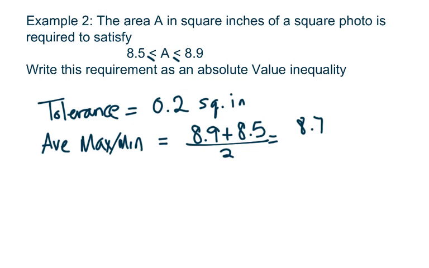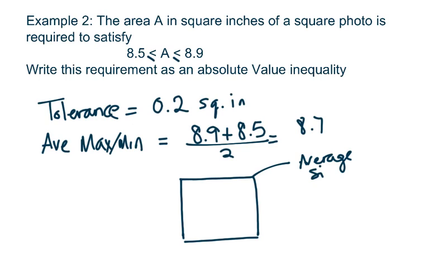So that's 8.7 square inches. What I want you to think of is the square photo. The average size is going to be 8.7 square inches, which can also be written as inches squared. That's going to be the average size.